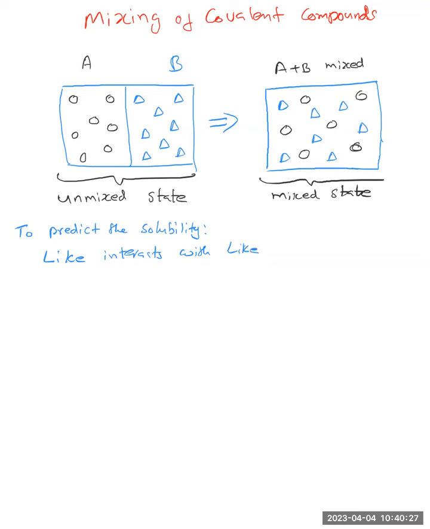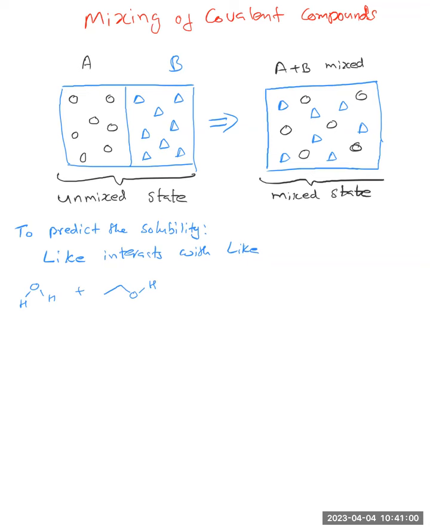Now just to make sure that we understand what is meant by this, say that we have water, and then we have, say, ethanol. I'm going to draw ethanol like this. Water is a polar molecule with hydrogen covalently bonded to oxygen.